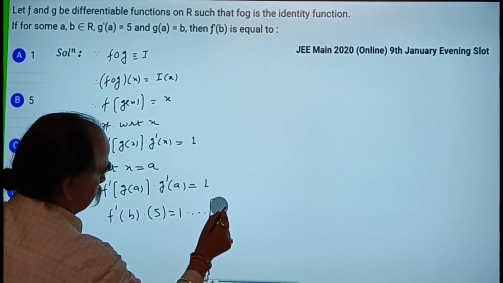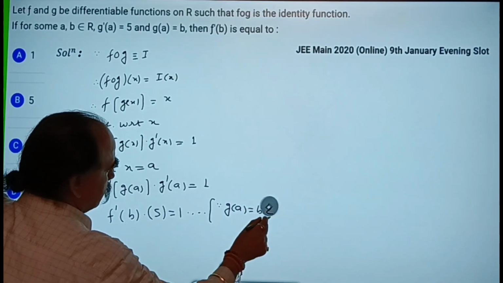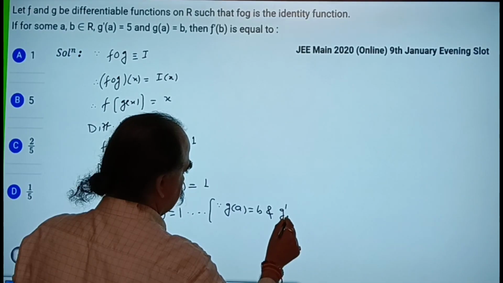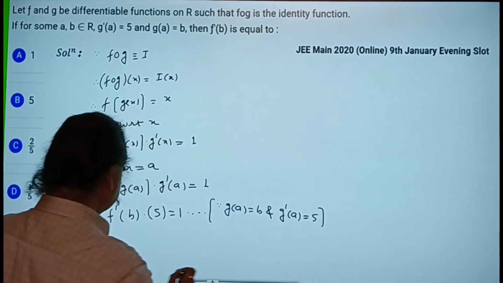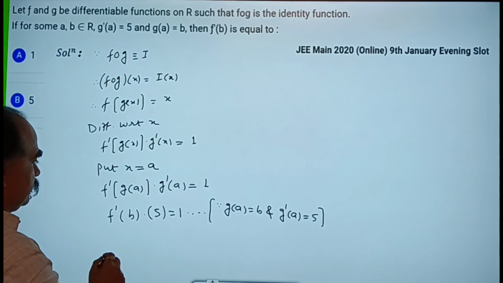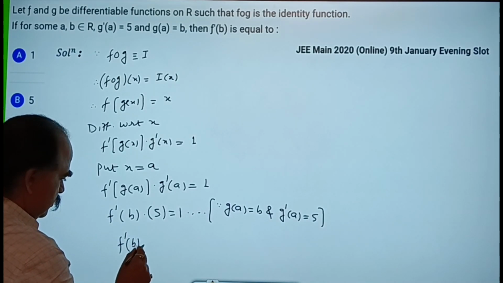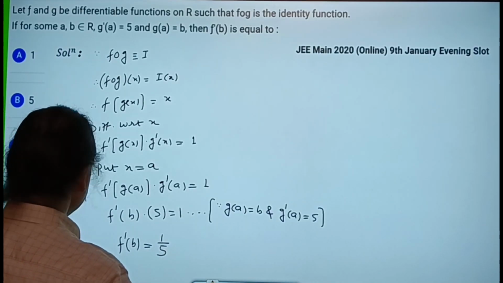Since g(a) is b and g dash a is 5, f dash b is 1 upon 5. Answer D.